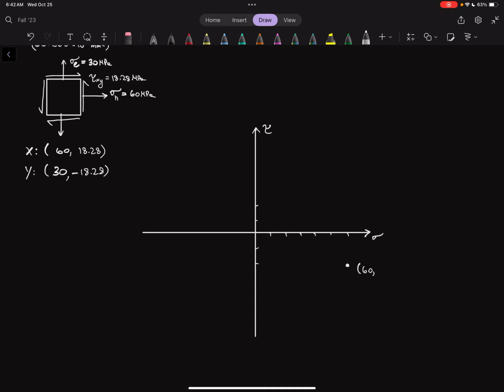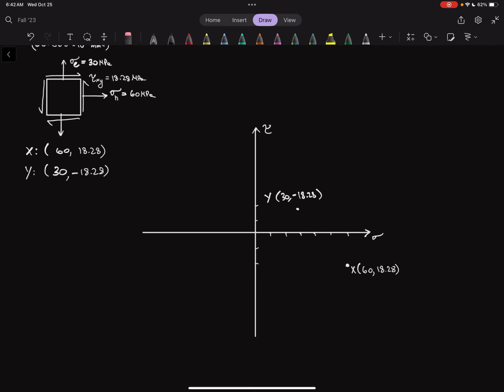We'll do the same for the other one, but it's going to be at 30, so somewhere around here, this is my 30 and minus 18.28. This is my y. This is my x.